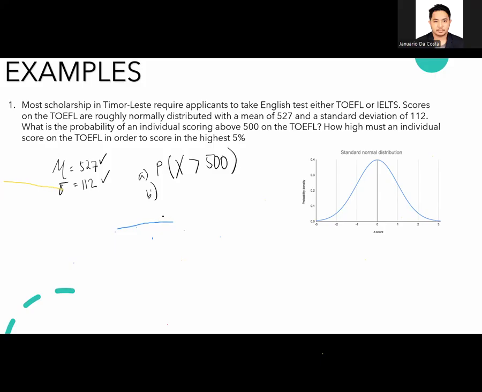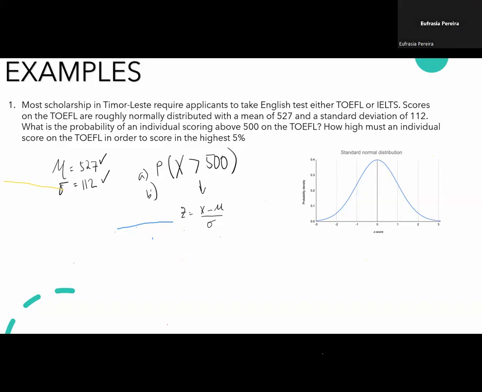Okay. Now, in order to do that, we first have to convert our x value to a z score. The z value is x minus the mean, divided by the standard deviation.